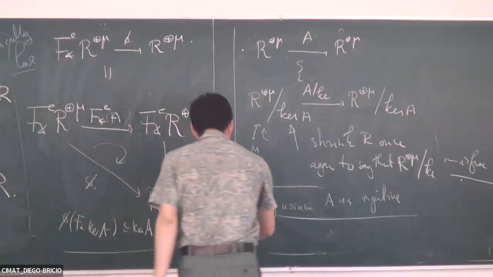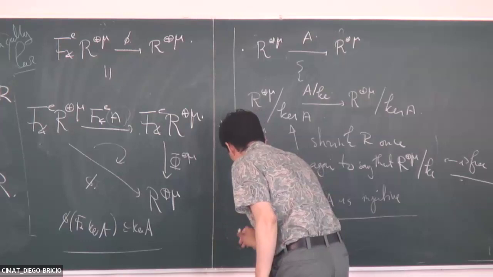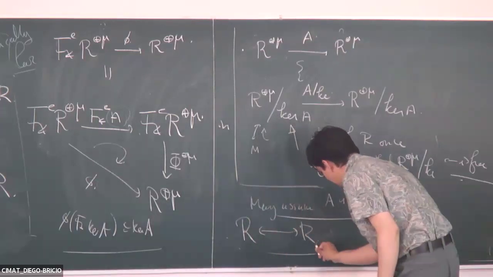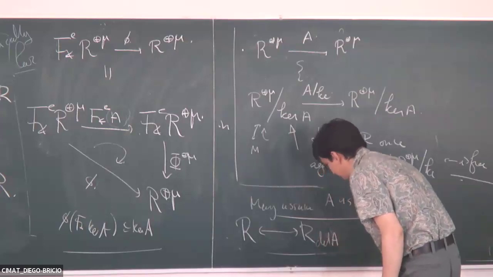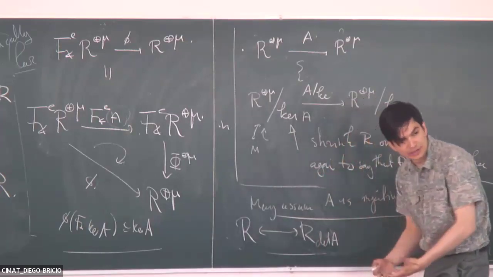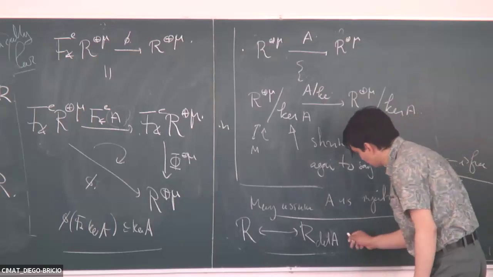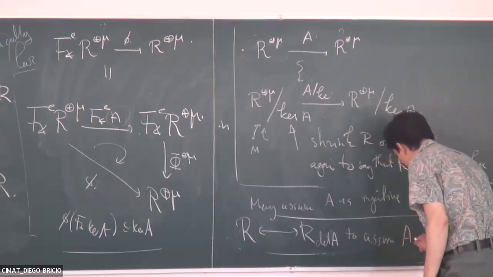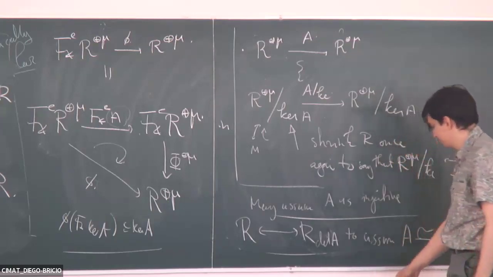So replace R; I need to make this localization by the determinant of A. So shrink R, shrink the space, to assume A is an isomorphism.